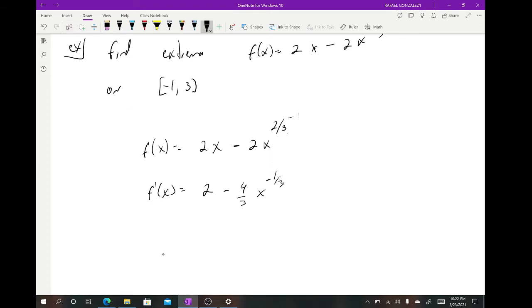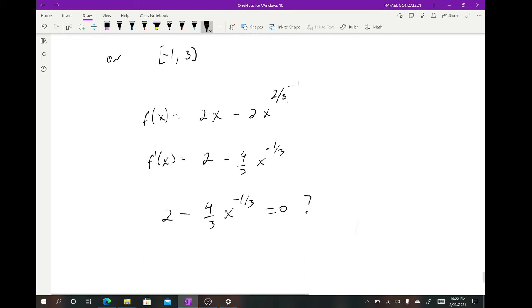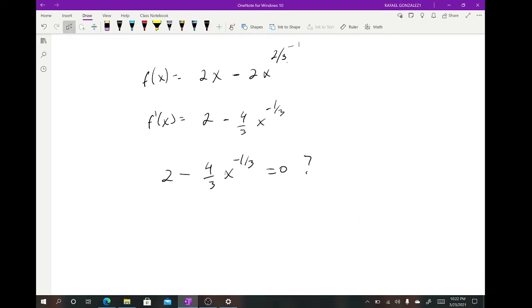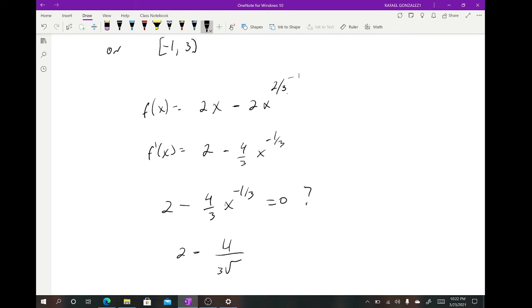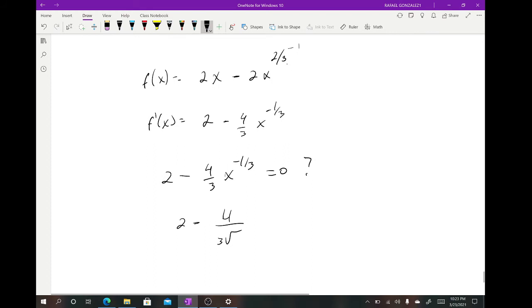Now we have to find out when this is actually equal to 0. Well, let's rewrite this real quick. So this is 2 minus 4 over 3 times, wait a second.